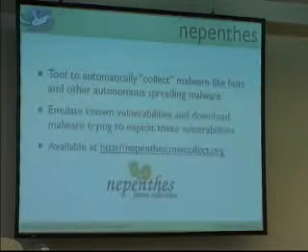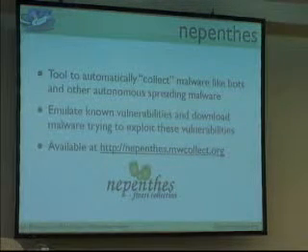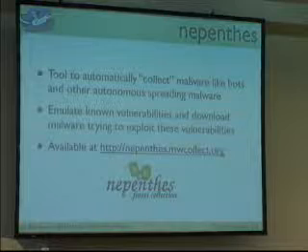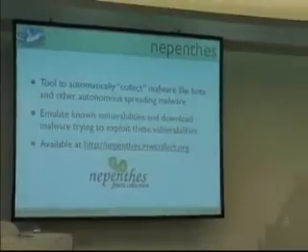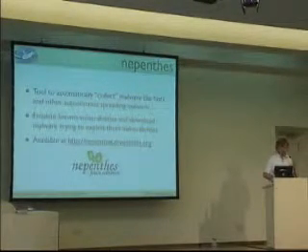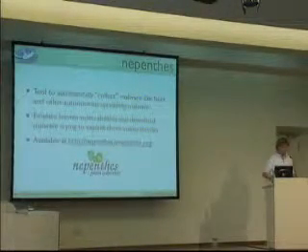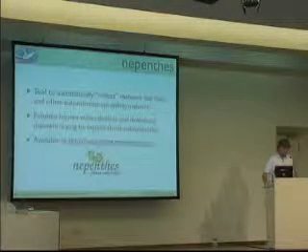So how do we collect our malware? We have developed last year a low interaction honeypot daemon, which is a POSIX daemon, which is called Nepenthes. So with this daemon, we can automatically collect the malware, for example, like bots, but also normal worms which don't have a command and control infrastructure.